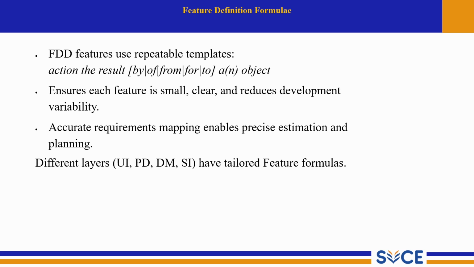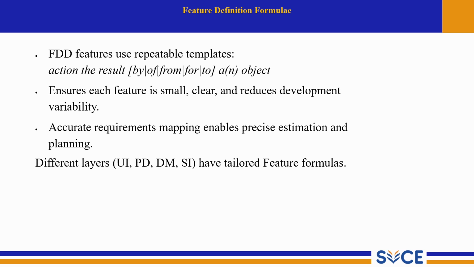This accurate requirements mapping enables precise estimation and planning. That is, because each feature is well defined, teams can estimate effort, time and resources more reliably. And last one is different layers like UI, PD, DM, SI have tailored feature formulas.